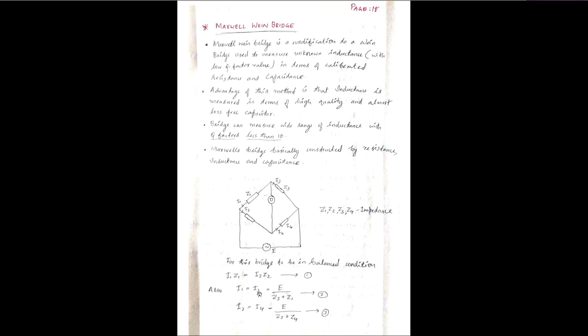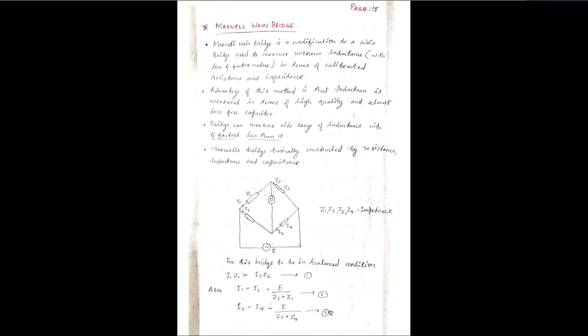And also I1 should be equal to I3, which should be E divided by Z1 plus Z3, and I2 should be equal to I4, which should be E divided by Z2 plus Z4. Okay, so that is equation number 2 and 3.